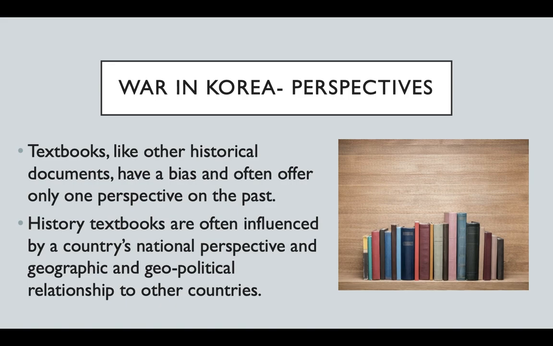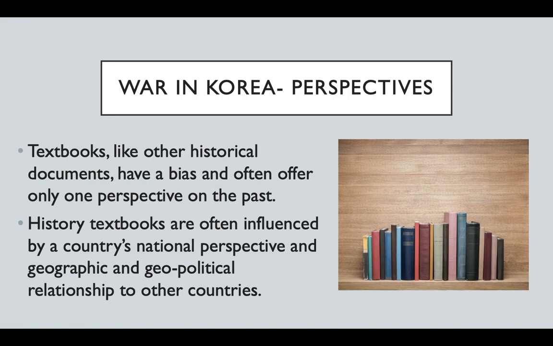So as any document does, most of the ones that we've looked at this year, textbooks can have a bias and a lot of the times only offer one perspective of the past. The best example I could think of is going to school in the deep south of the U.S. The War of Northern Aggression. Exactly, which, up here, we refer to as the Civil War, not the War of Northern Aggression.